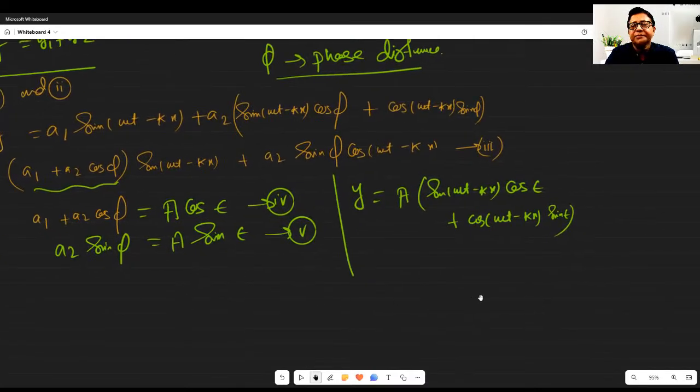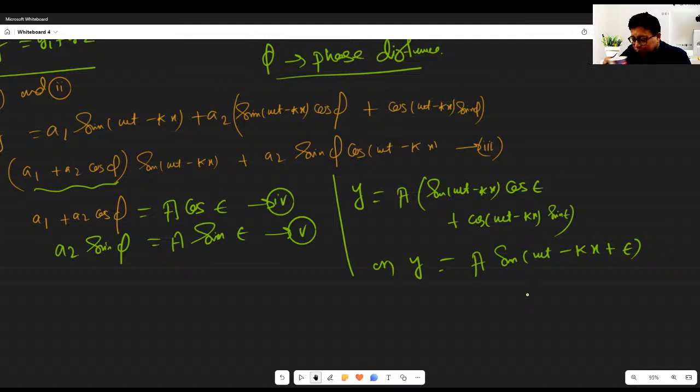It's alright? Or y equal to, we are writing this way, A sin(omega t minus kx plus epsilon). So this is our resultant waveform.